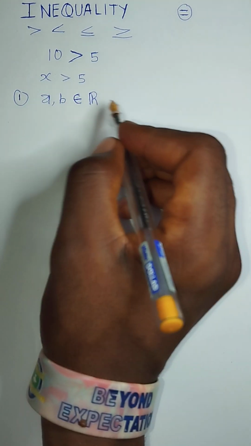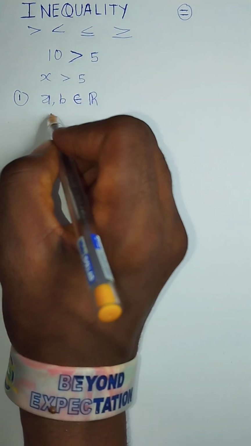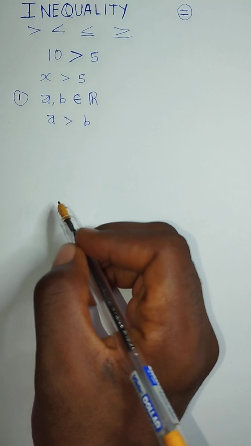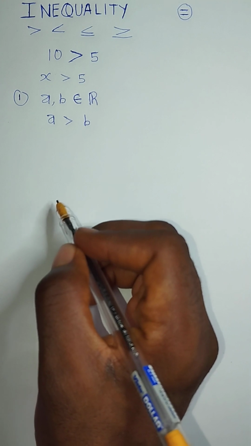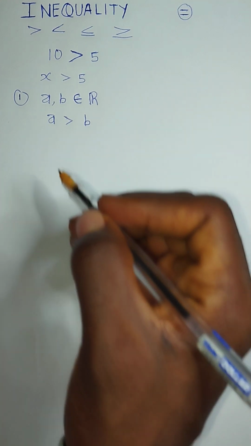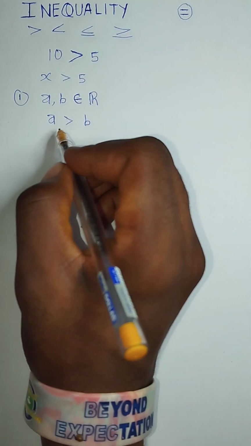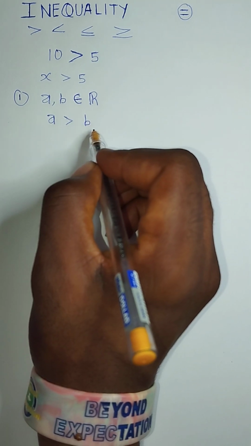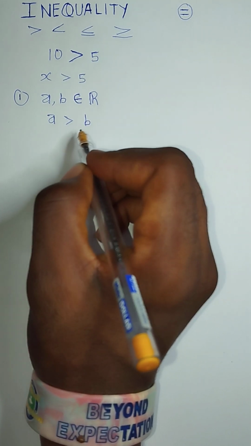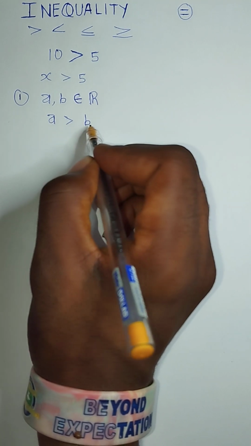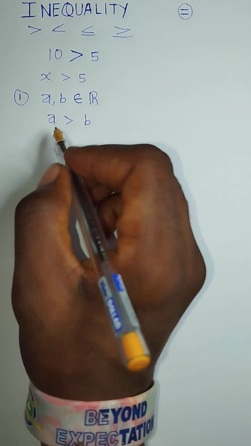So when you have two real numbers a and b, if a is greater than b, now pay attention to this first rule. I call it the addition and subtraction rule. If you add any real number to both sides of this inequality, the inequality sign will remain the same.